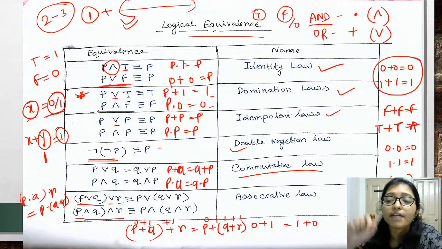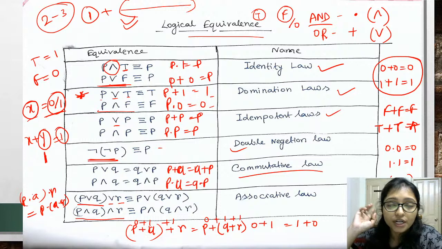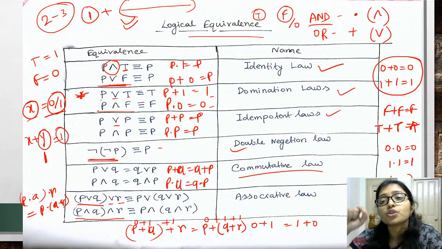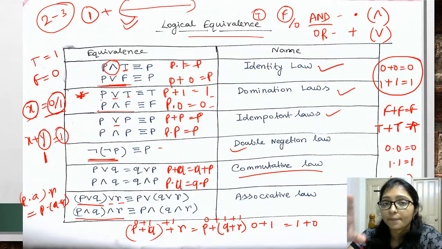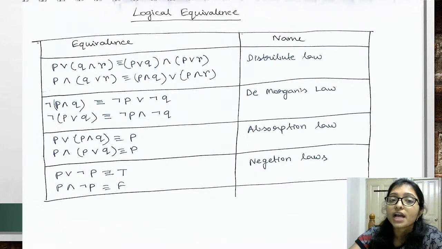Try to put the values 0 and 1. If you put the values, then you will never forget the rule. No need to cram the rules. Try to understand the rules, so you will be able to solve the question easily. If the concept is clear, no need to cram the rule, okay? Try to understand all the rules.